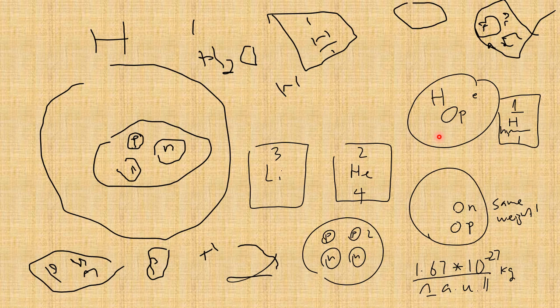So it's atomic mass units. The atomic mass unit, the weight of a proton, the weight of a neutron, and 1.67 times 10 to the negative 27 are all more or less the same number.